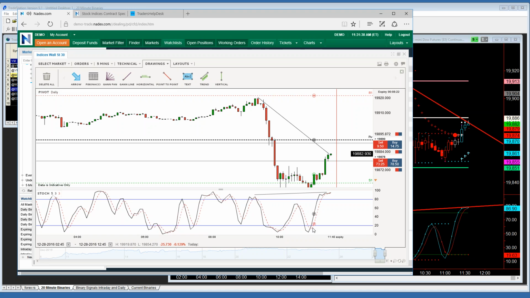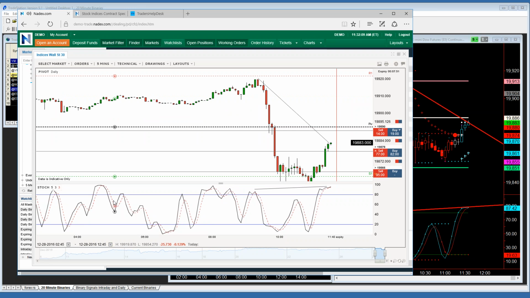Do you see the same pattern there, Luca? Mine's smoother and it actually gives you the dots to show you, okay, this is where I need to start reading this divergence, okay? But it will still work with the stochastics that's built into Nadex. Do you see that, Luca?